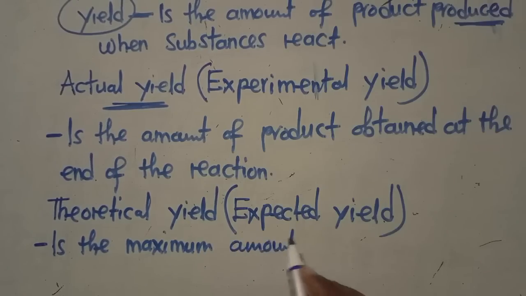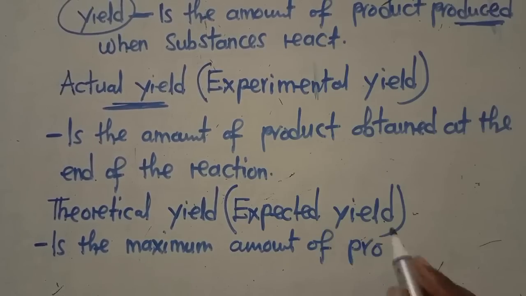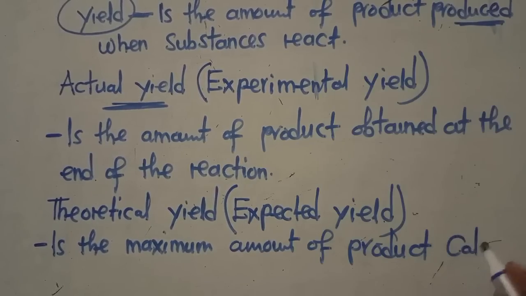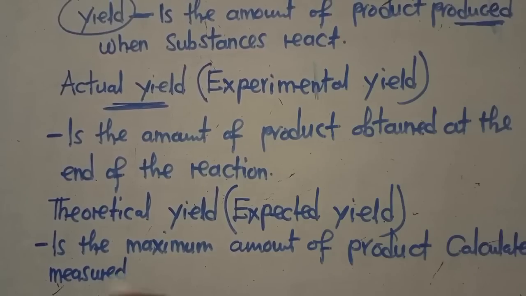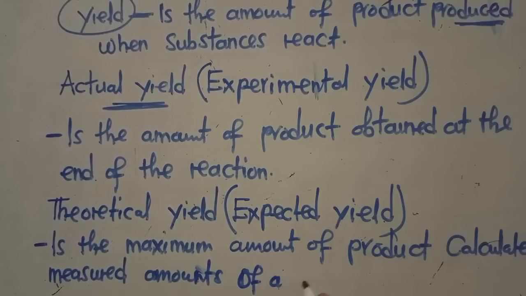Amount of product. So amount of what? Product that is calculated. Amount of product calculated from the measured amounts of a given reactant, using what we've used to balance.